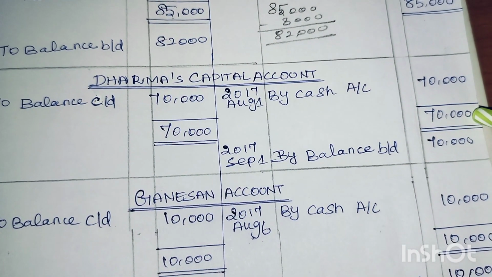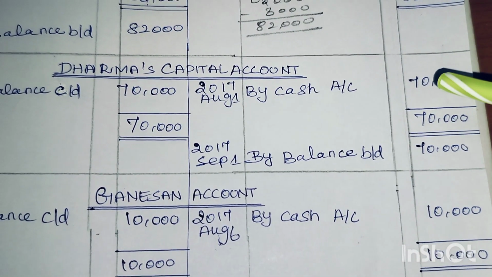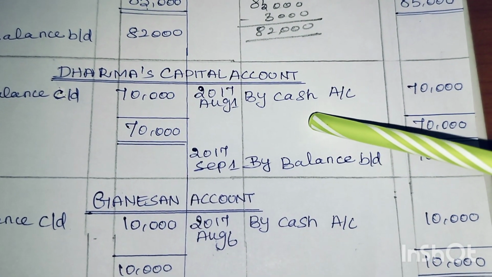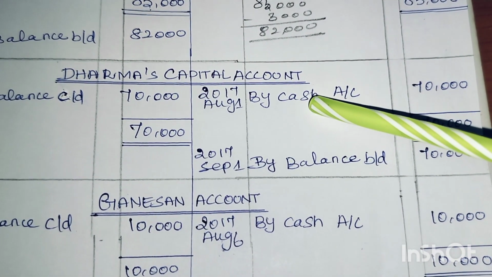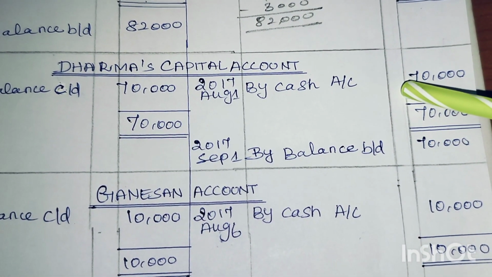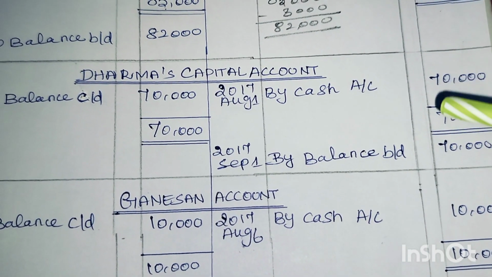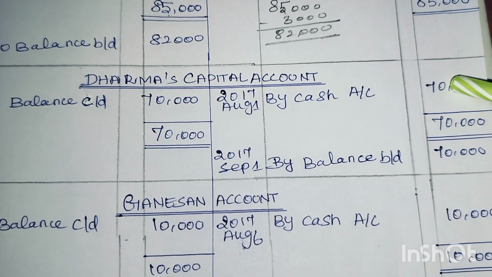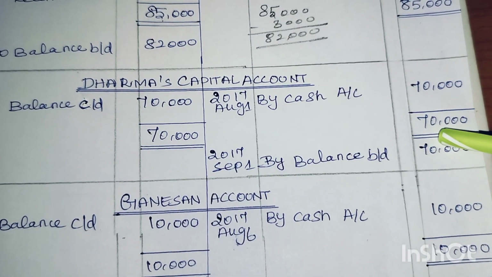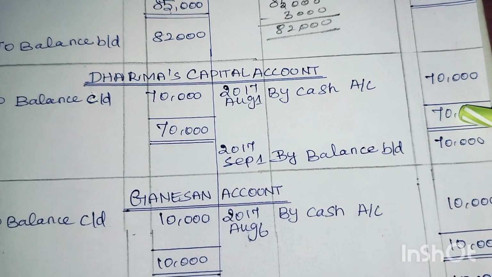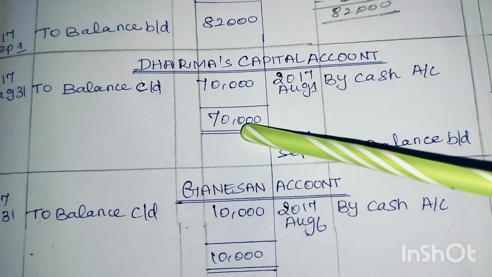Of course, we know very well the credit side has the higher value, because we created only one transaction, the cash transaction, posted on the credit side. That value is 70,000. Now we total this 70,000 on both sides equally, on the credit side and on the debit side.